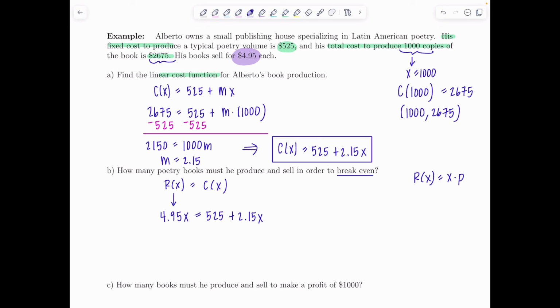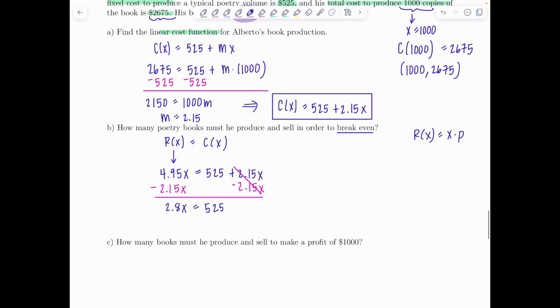Okay, solve for X. I'm going to subtract 2.15X. And then let's see, this is gone. 4.95 minus 2.15, that's going to be 2.80X equals 525. What an ugly little 2. I'm so sorry. Get it together. Okay, and then dividing by 2.8. I'll write that in for you.